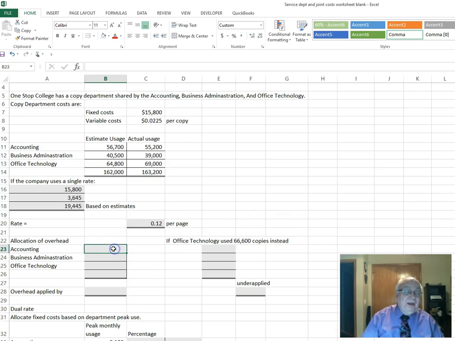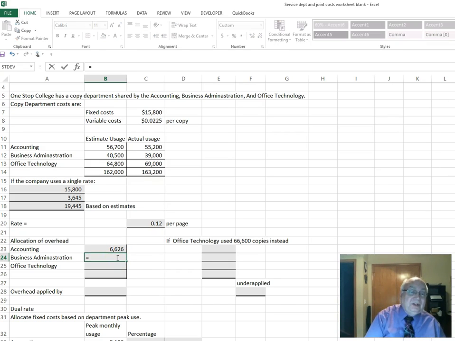So for the allocation of overhead, we would take the actual usage of 55,200 times the 12 cents, which gives us 6,626. For the business administration, we would take the actual usage of 39,000 times the 12 cents. And for office technology, they used 69,000 times the 12 cents.